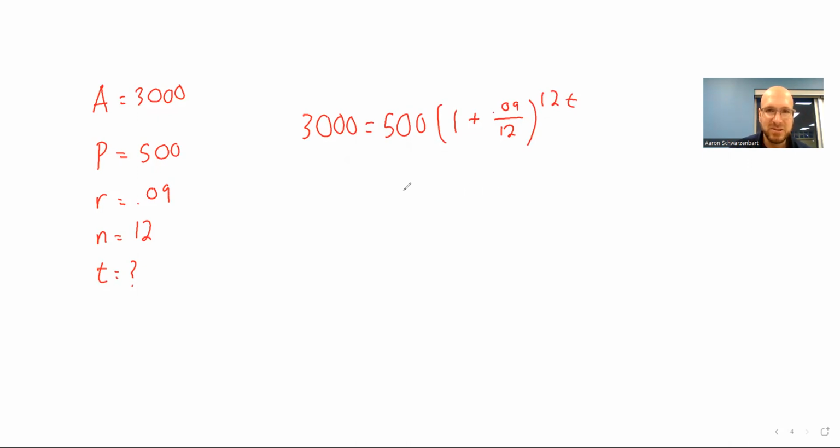I'm going to do a combination of solve by hand and solve by graphing on this. You could solve by hand, which would involve a logarithm. But to simplify my graph and my finding units, I'm just going to do a little part by hand before I solve by graphing. So I'm going to divide by 500. Part of the reason is that it makes a really nice number.